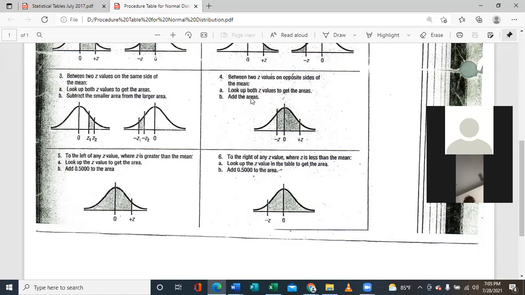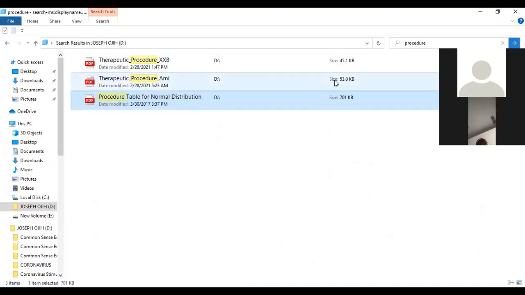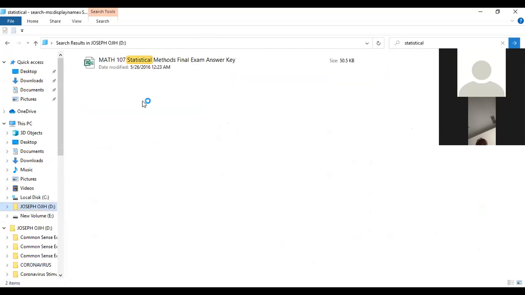So when they say area, they mean the probabilities that we find from this table. Remember the table we just used? Those are the probabilities. They call it the area, but they are actually probabilities. I'm going to the statistical table to bring it up.